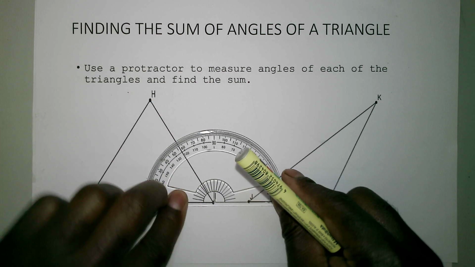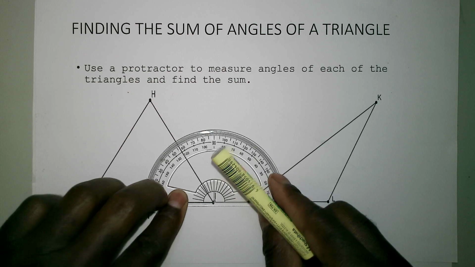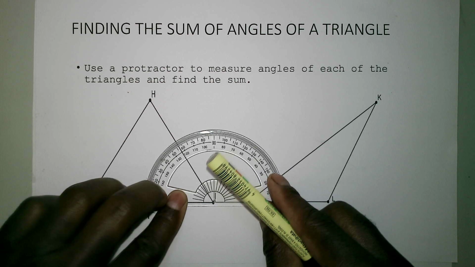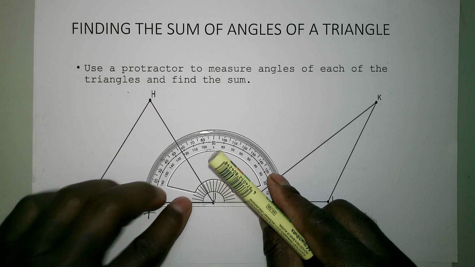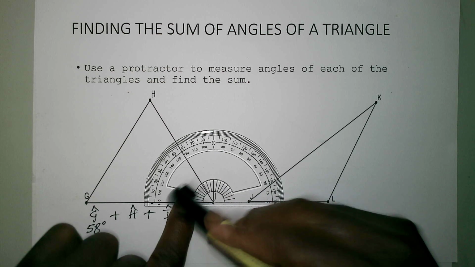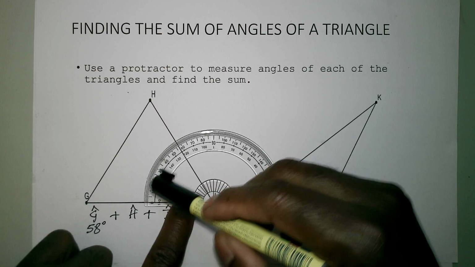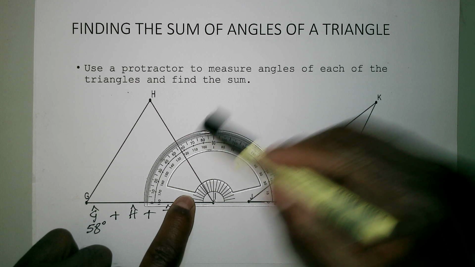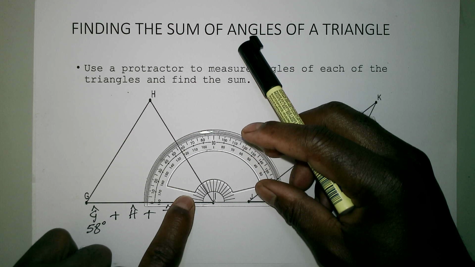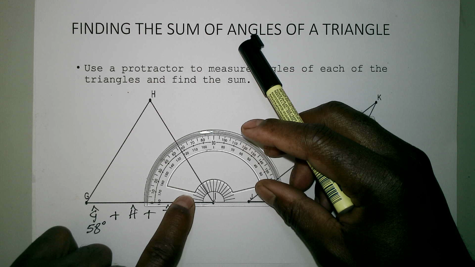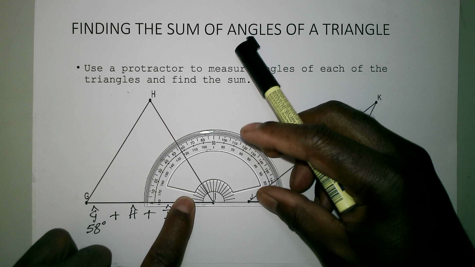Now we look outside. 0, 10, 20, 30, 40, 50. To me, it looks like 58.